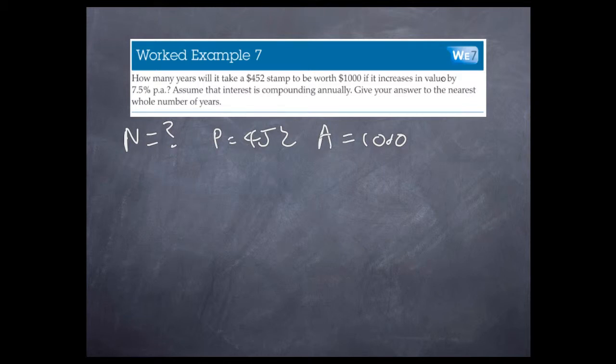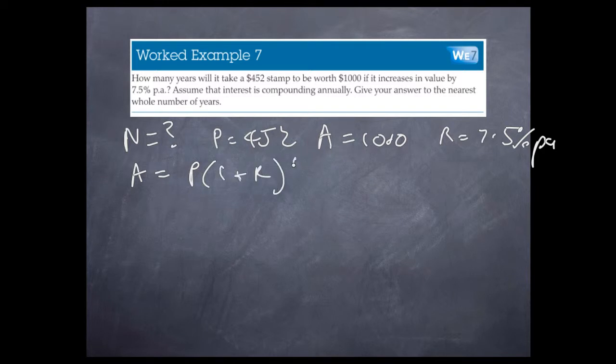If it increases in value by 7.5% per annum, assuming that the interest is compounded annually, give your answer to the nearest whole number of years. Easy. Just use the compound interest formula.